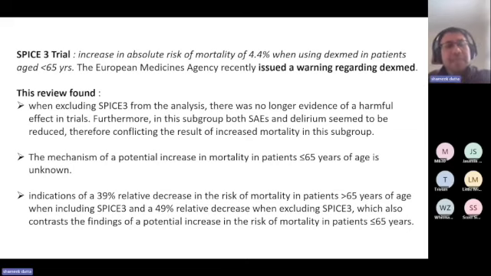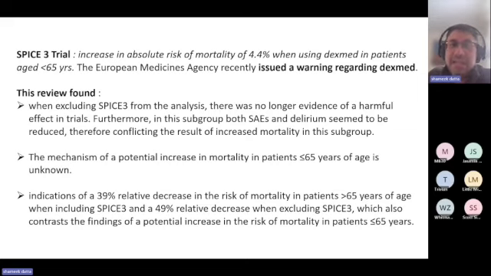So this review, as I was saying, found that when they tried to exclude the studies that were included in the SPICE-3 trial, they did not find any evidence of a harmful effect. Furthermore, in the subgroup, both the side effects and the delirium seem to be reduced. Therefore, this is quite conflicting regarding the increased mortality in the subgroup less than 65 years.